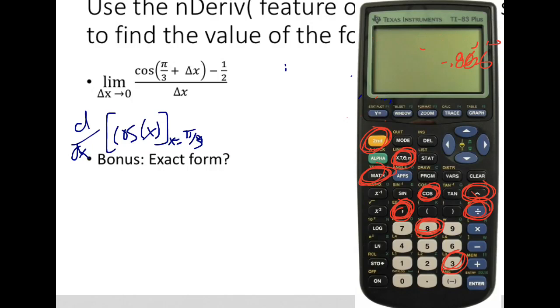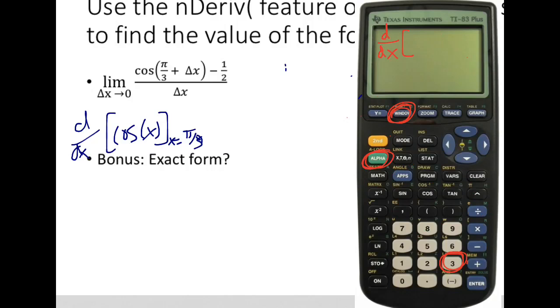If you are on the new operating system, your life is simplified a bit. You need to hit the alpha window button and choose option 3, which is n derive. It'll pop up as d over d blank. You need that blank to be an x.